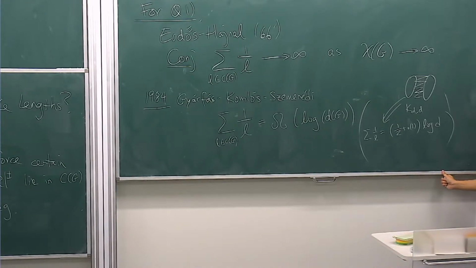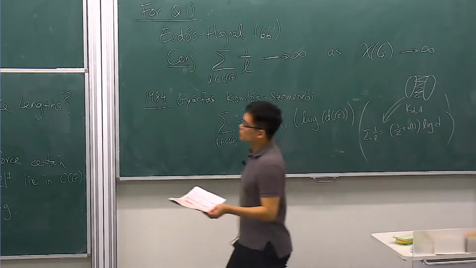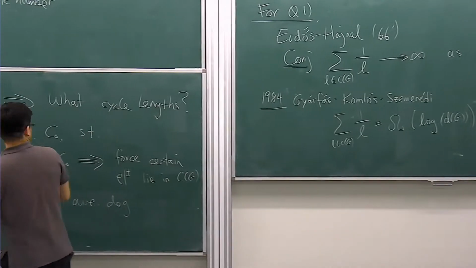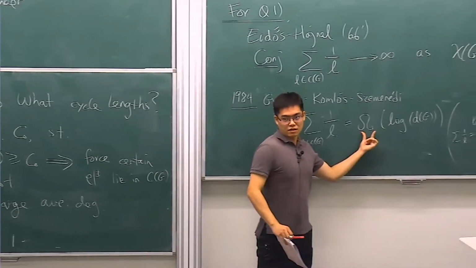But that leaves more questions, in fact. Before they proved this, Erdős had already asked whether this stronger bound holds, and they later proved this weaker bound. So let me write down Erdős's question. He conjectured that in fact we should have 1/2 here.